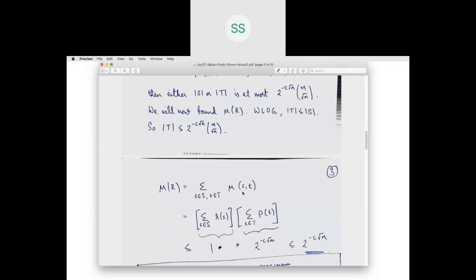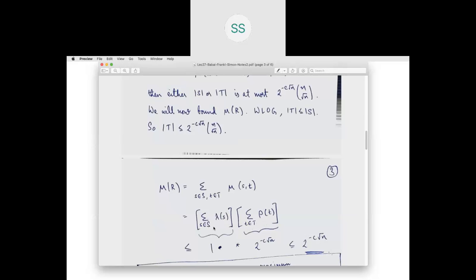So I can decompose mu of s,t as lambda of small s times rho of small t, which were the respective distributions for the rows and columns. And the joint summation can be split into a product.